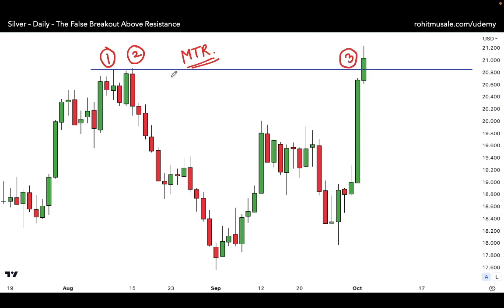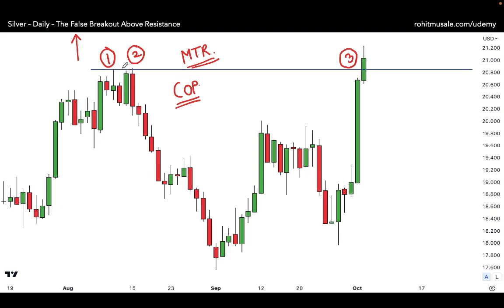Now the problem is, how do you know whether it's a genuine breakout or a false breakout? Now if it's a genuine breakout, then you know what will happen. There is a concept called change of polarity. In change of polarity, what happens is old resistance becomes new support, or old support becomes new resistance.